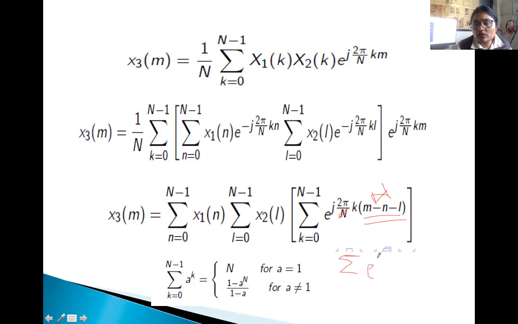is e raised to j 2 pi k, ही एवढी व्हॅल्यू राहणार आहे. मग ह्या व्हॅल्यूची आता आन्सर व्हॉट इज द आन्सर ऑफ e raised to j 2 pi k? This is in multiple of 2 pi, this is going to be in multiple of 2 pi. So as it is going to be multiplied in multiple of 2 pi, what is the value of this?